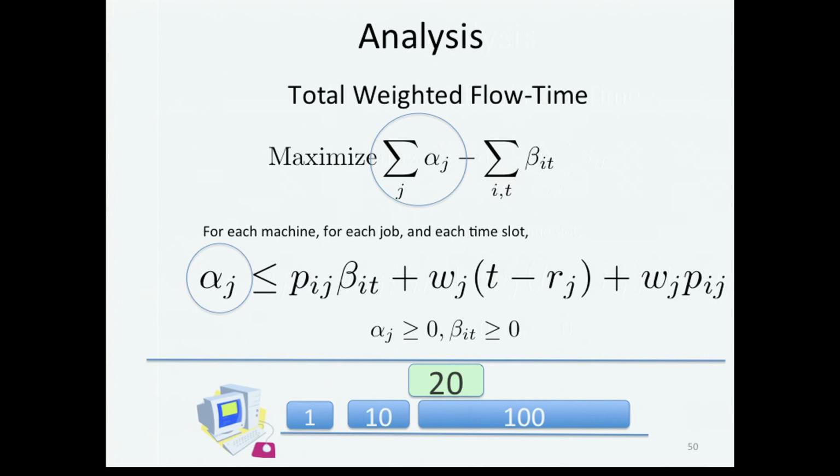And in the SRPT rule, when I insert a job, the amount it increases is exactly my length times the number of jobs, because all the jobs ahead of me were at most my size, and all the jobs behind me will be pushed back by my processing length. So this quantity looks exactly like this, and they basically argue that if you set this, then the dual constraints will be satisfied, and the primal objective will be like 1 over epsilon times the cost of my schedule. You can also interpret it by primal dual analysis, but this is the main observation.